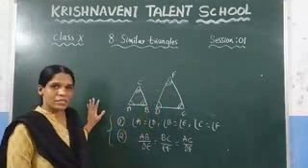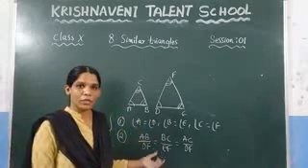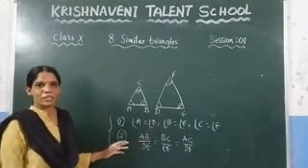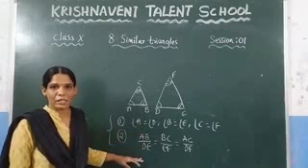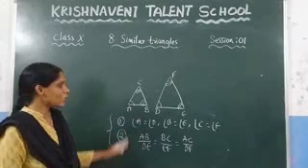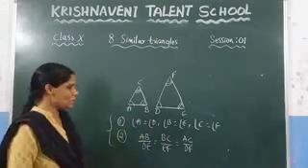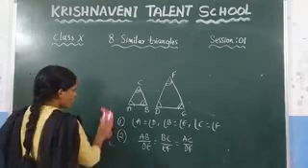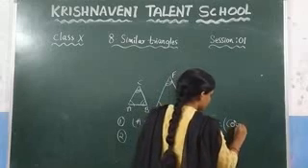So, how can you see the similarity? Here, if you take any two triangles or any two objects, what is the condition for the similarity? The corresponding angles are equal and the corresponding sides are in the same ratio. If these two conditions are satisfied, then only we can say that the given objects or given triangles are similar. Now, this one you can write it here: the corresponding angles are equal.